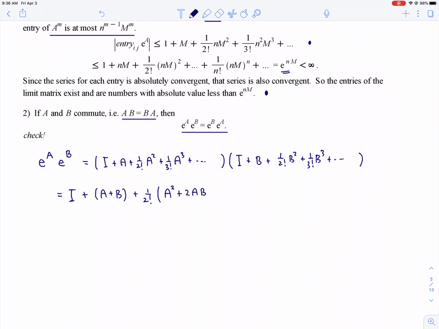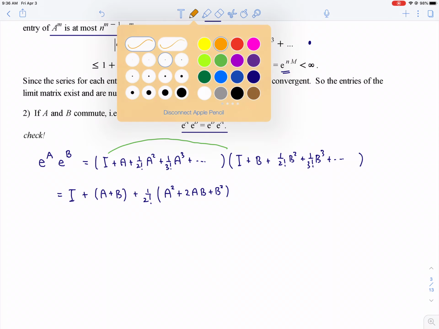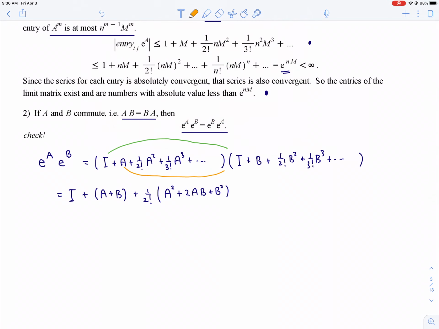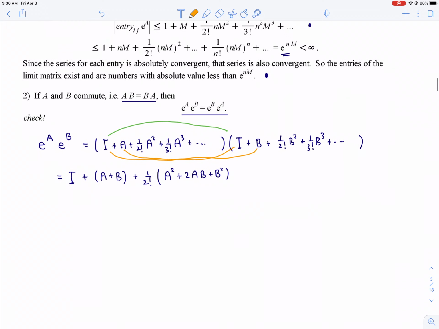And then I'll also get an I times 1 over 2 factorial B squared, and if I put it inside the parentheses, I just have a B squared. So I think it's clear, but what I'm doing is just collecting terms. So the I came from that, the A plus B came from that, and so on.